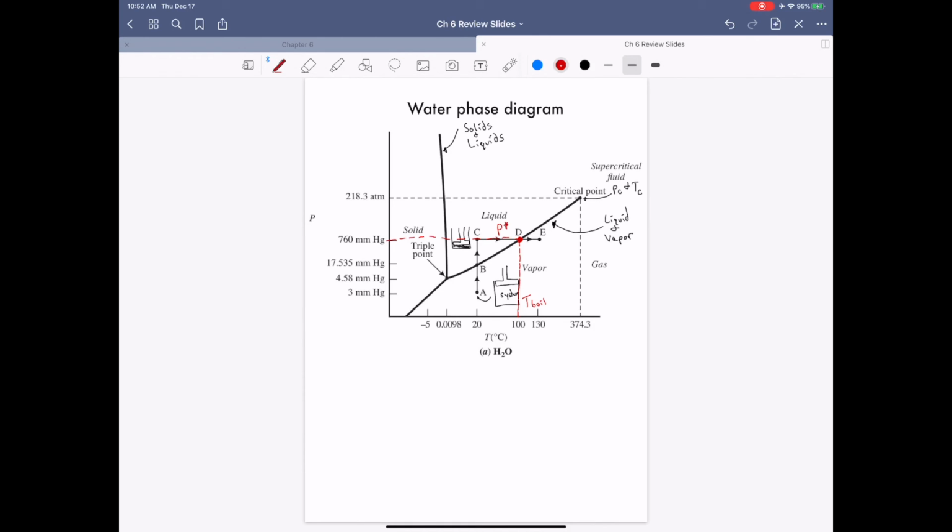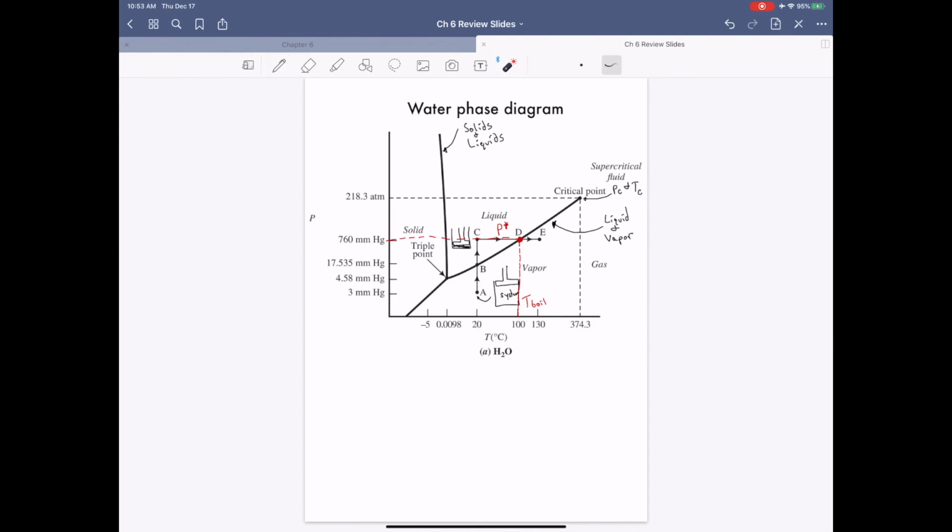All right? And so at a pressure of 760 millimeters of mercury, which is 1 atmosphere, the boiling point temperature for water there is 100 degrees C, right? So that matches what we see in real life.